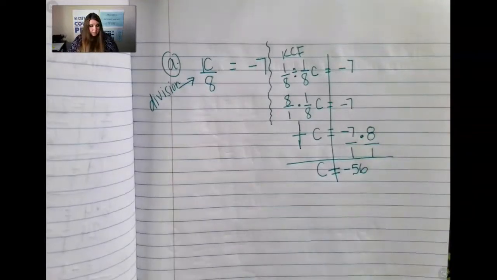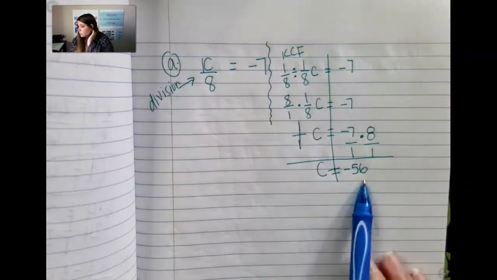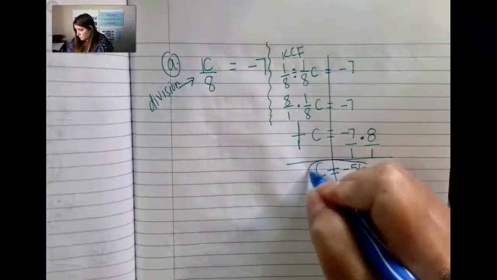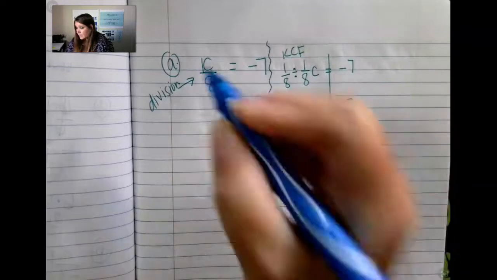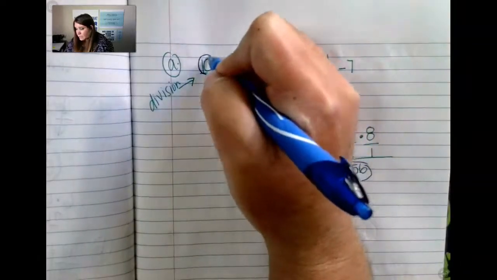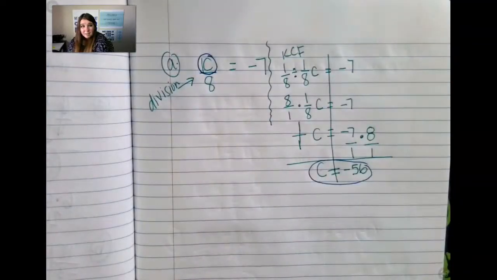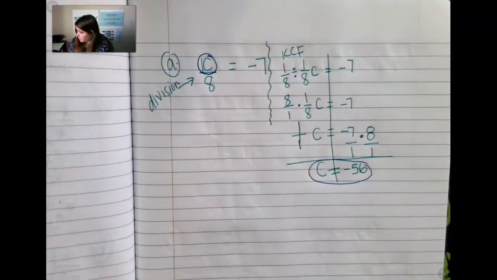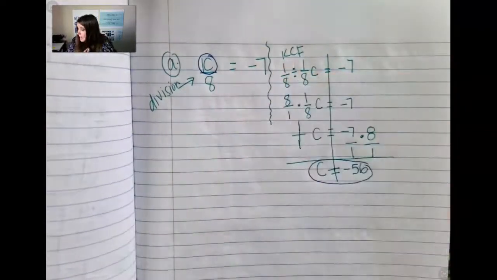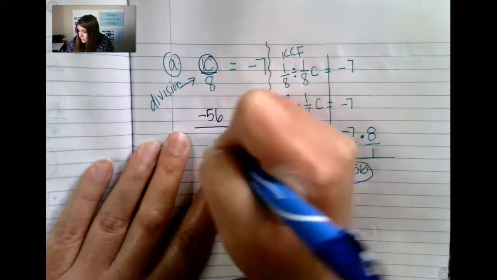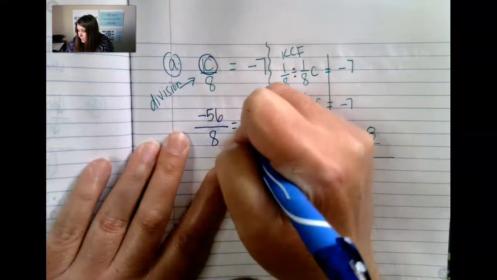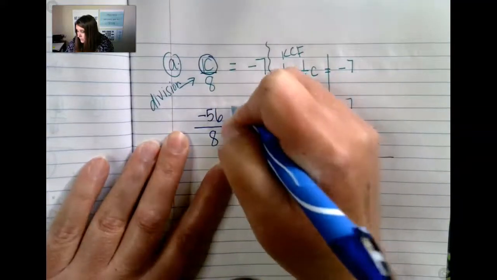So now what we're going to do is check this. We're going to check our solution by taking c equals -56, and where I had my c originally, I'm going to put -56 right there. So now really what this says is -56 divided by 8 equals -7.